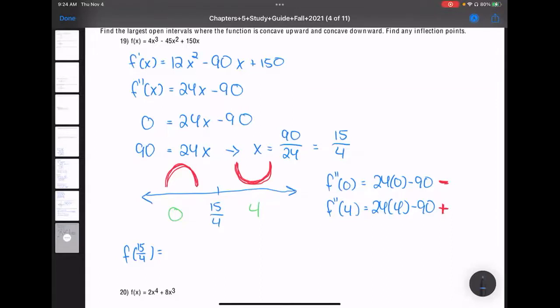You get the crazy fraction of 1125 over 8.